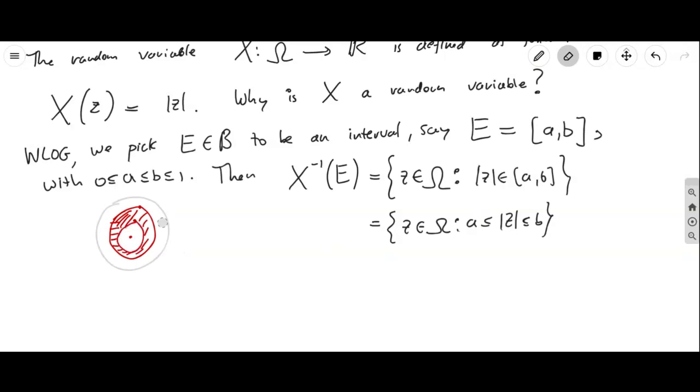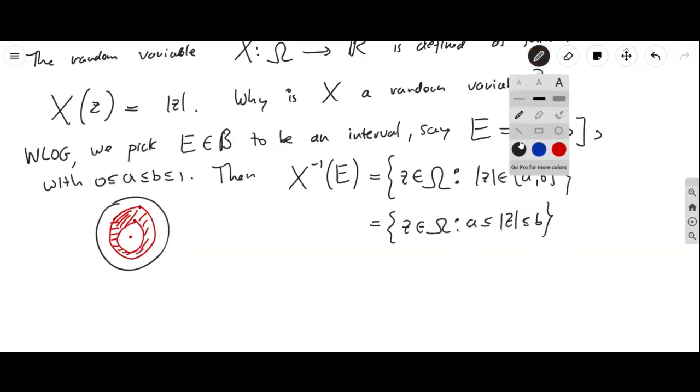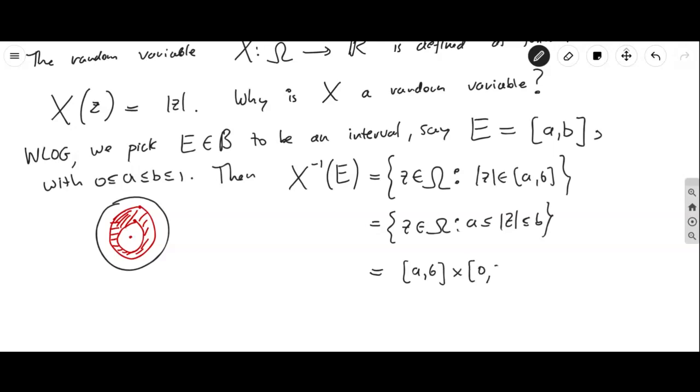The inner circle has radius A, the outer circle has radius B. But what is this? This is, of course, a polar rectangle. The radius goes from A to B, and the angle goes from 0 to 2 pi. And this is clearly in the sigma algebra, because the sigma algebra contains the polar rectangles and all sets that can be formed using countable unions and countable intersections of those types of sets.